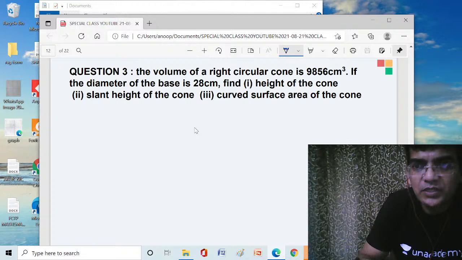Now see here, the diameter given is 28, so the radius will be 14. Into height. How much is the height? The height can be calculated from here.